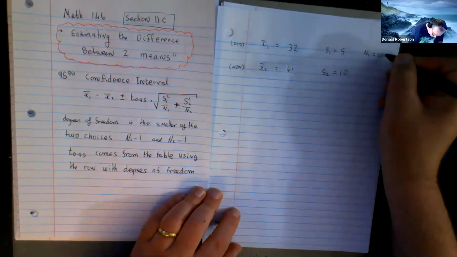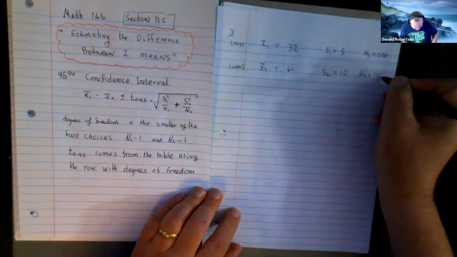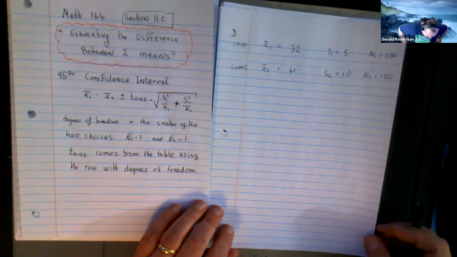And in the second group, let's say it was just 100. What we're interested in here is estimating the difference between the two. From that, we can make a judgment call of whether the new drug is doing a better job by increasing the iron level in the blood.